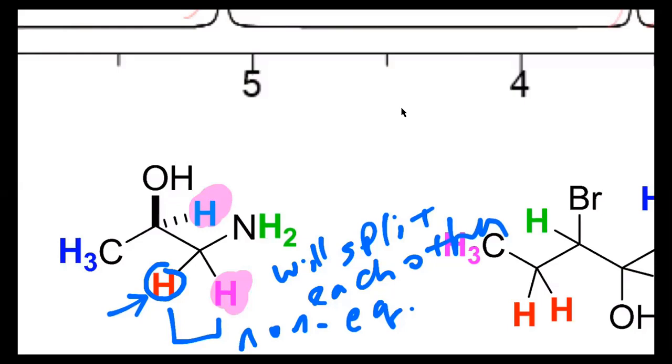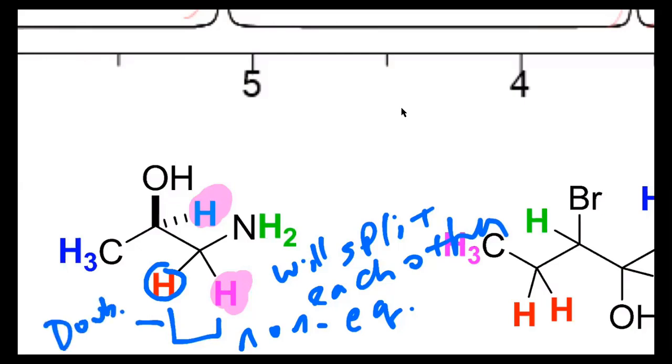So when it splits with the red proton or the pink proton that I just highlighted, what should that give you if you're using the n+1 rule? It should give you a doublet, right? If we're talking about this side right here, this should give you a doublet.